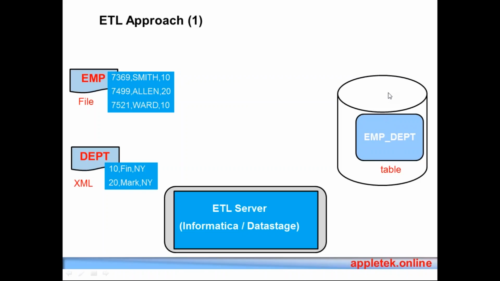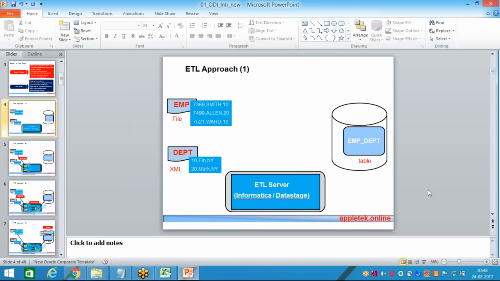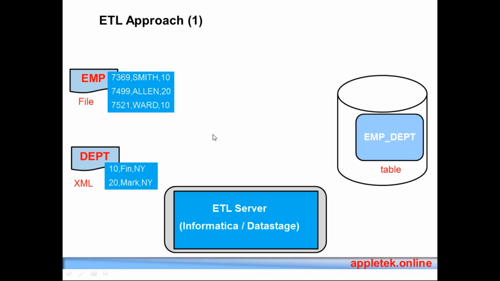Now I preferred initially using Informatica or DataStage or any ETL tool. You can call these the sources because we are planning to extract data from here, and this a target where you are planning to finally load your data. So the moment I want to process this extraction, the joining of this data, which is the transformation, and loading through any ETL tool, first we should have the software installed.